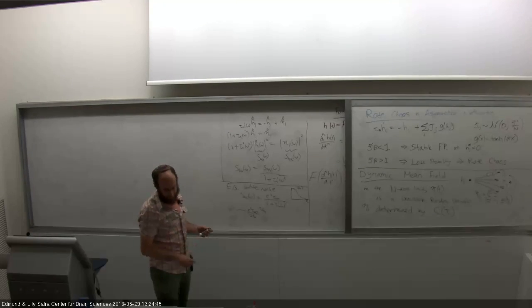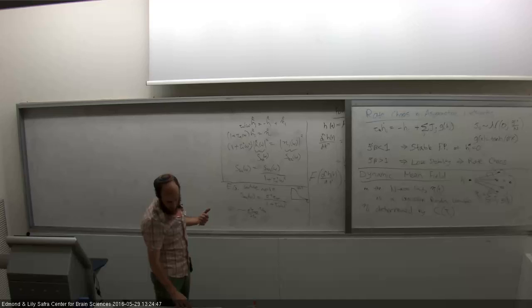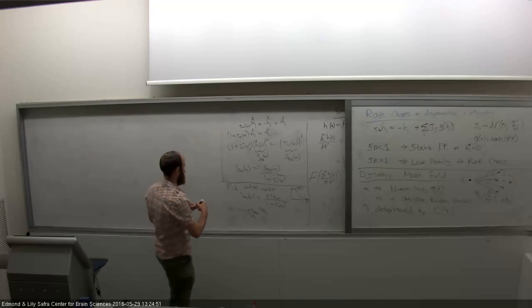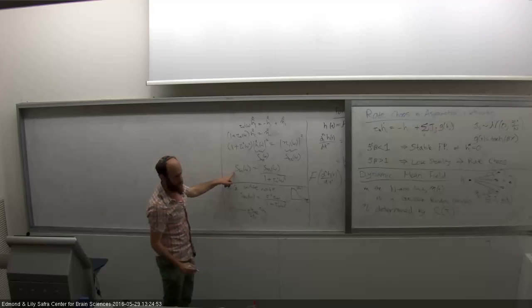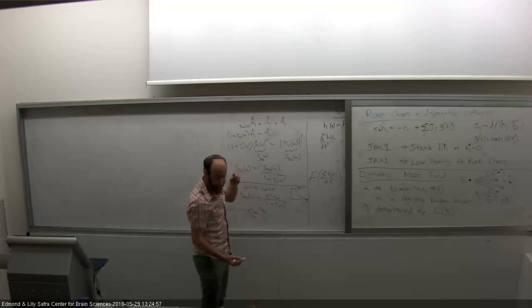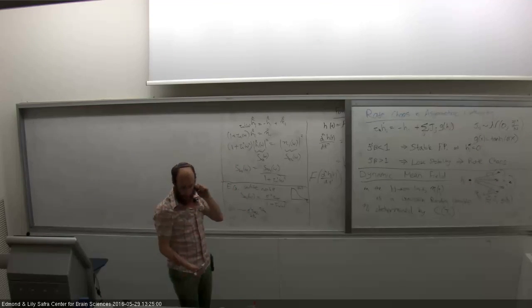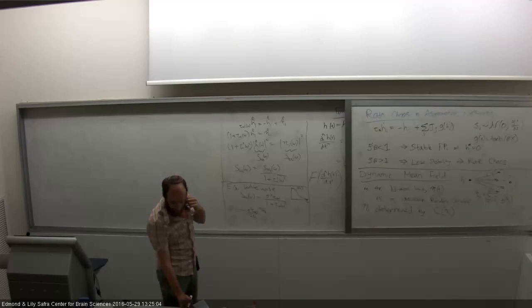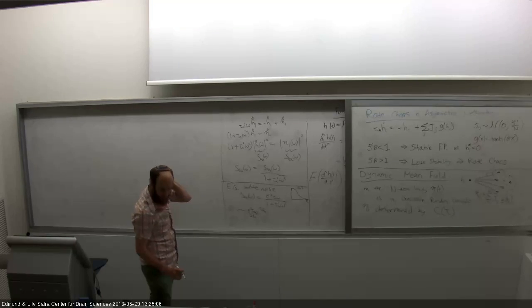But the way we get to a consistent solution is we have this equation for the power spectrum of the typical neuron as a function of the power spectrum of the noise, and we're going to take the inverse Fourier transform back into the time domain.